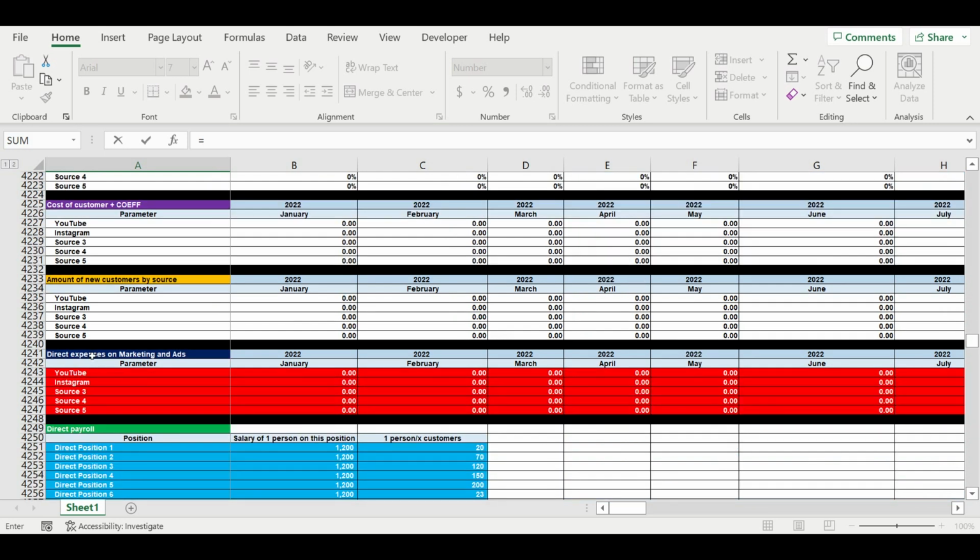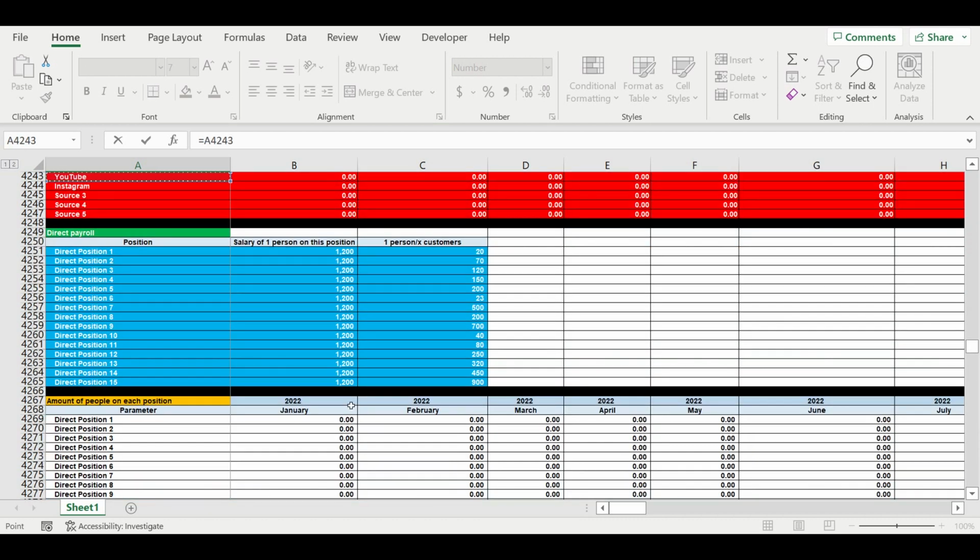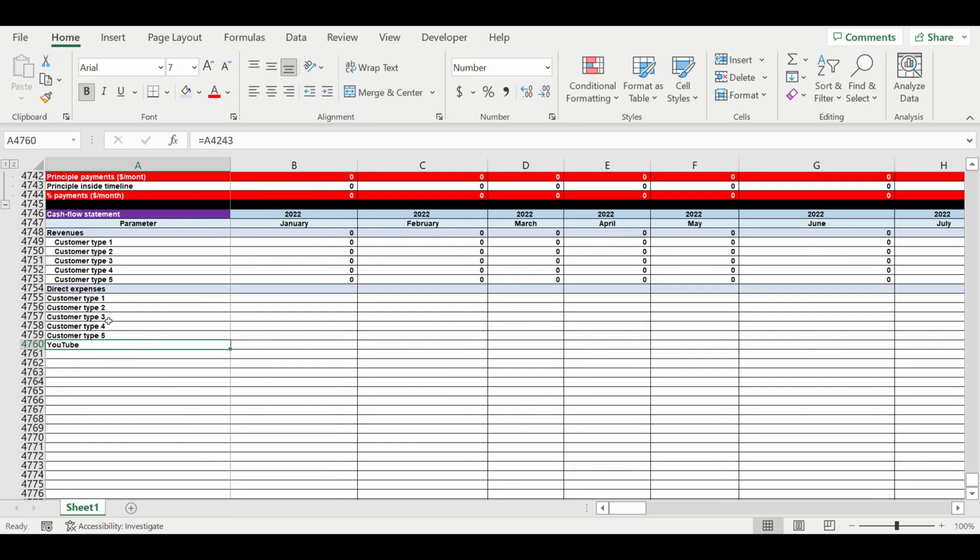So direct expenses on marketing and advertising, I'm adding these expenses here. This group of direct expenses lives inside every check. These direct expenses are linked to the amount of new customers.